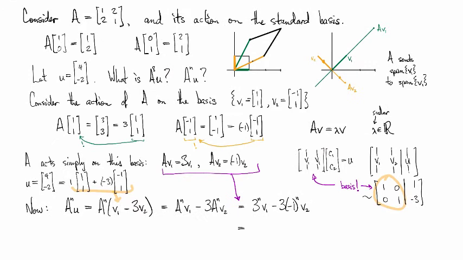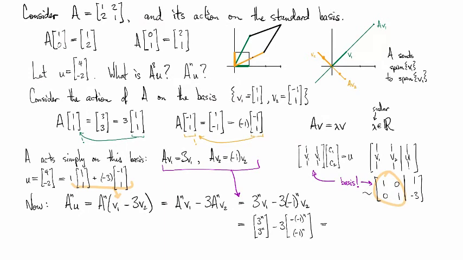Now let's see, so this is 3^n, doing the scalar multiplication back inside V1. Remember, V1 was the vector 1, 1. And I have minus 3 times negative 1 to the n for V2.